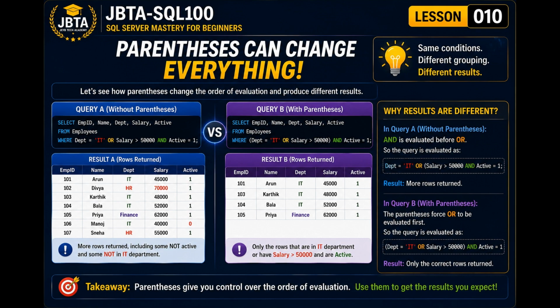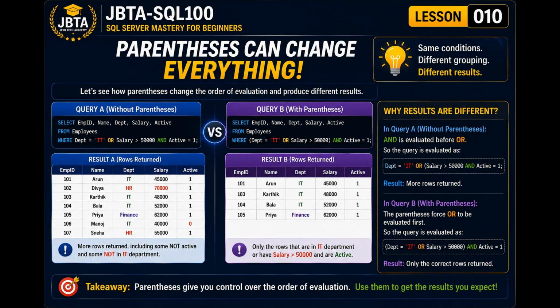Let's look at the first query. This query does not contain any parentheses. Because there are no parentheses, SQL Server follows its default operator precedence. It evaluates the and condition before the or condition. The query executes successfully. However, the result may not match what the developer actually intended.